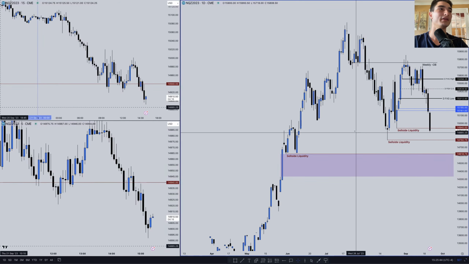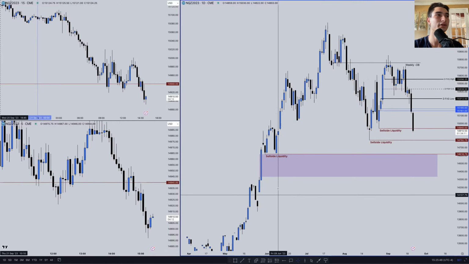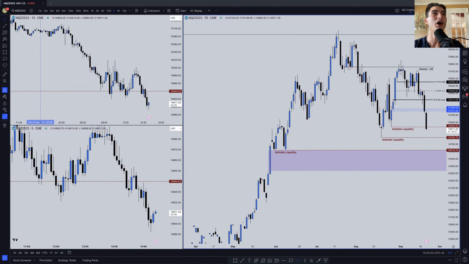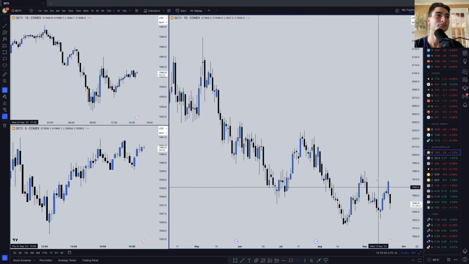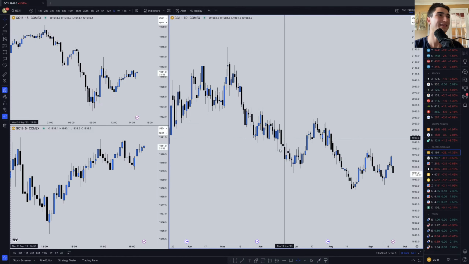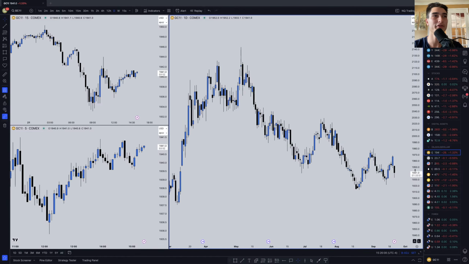For example, just looking here at the daily chart on NASDAQ, how clean this market delivers, expanding to obvious levels in an obvious manner, and then comparing that to gold's price action. Not that it doesn't, but it'll go into these fickle consolidations for months here, and that's just personally not what I prefer to trade.